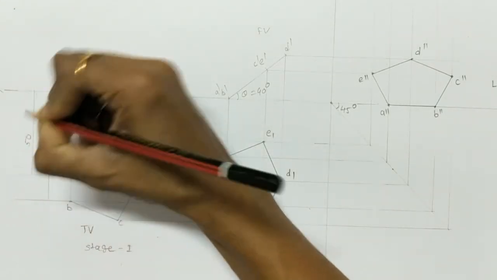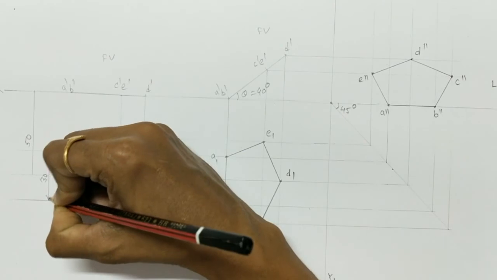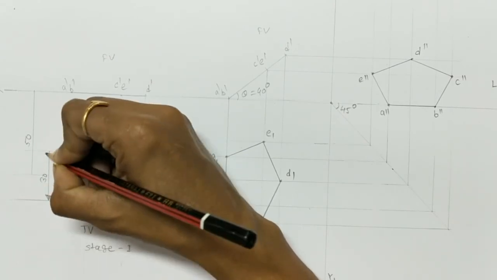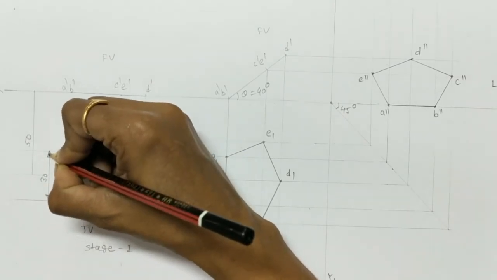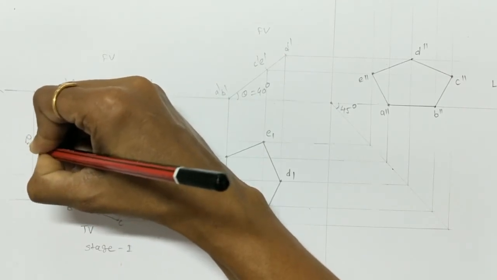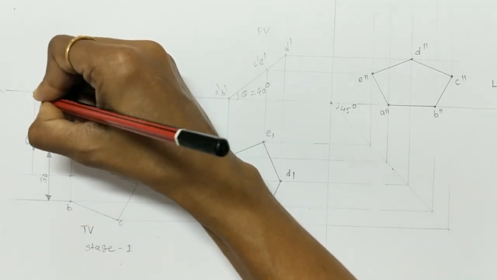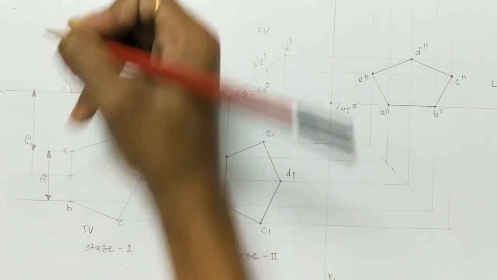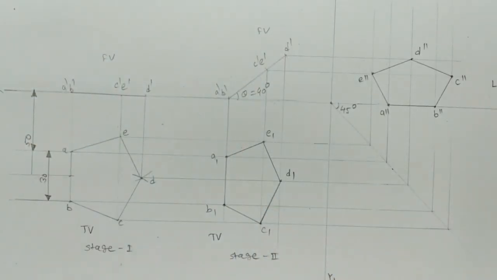So this is 50 and this is 30. Draw arrow like this. So in this way we have completed the example.